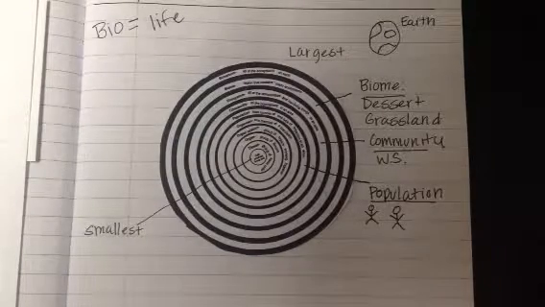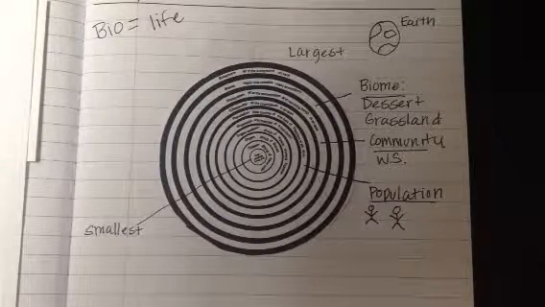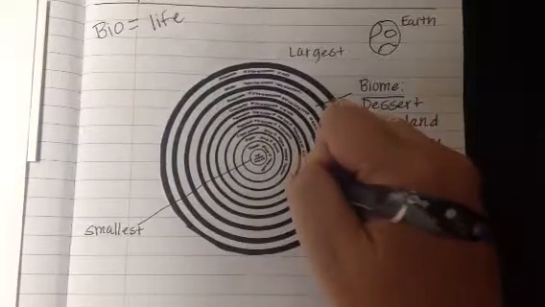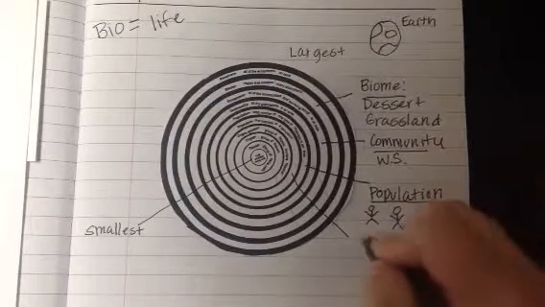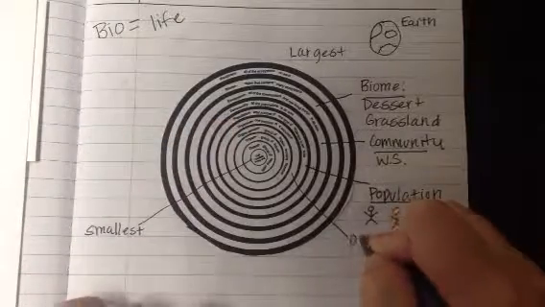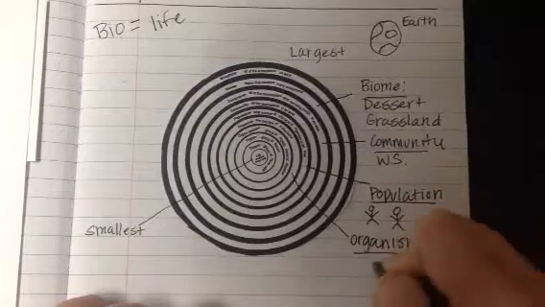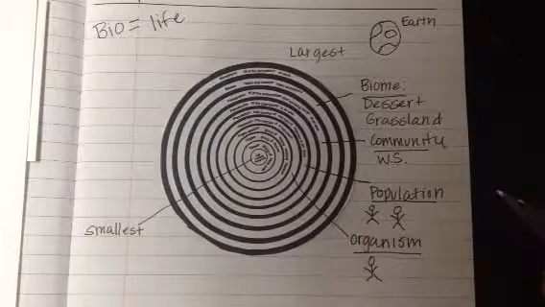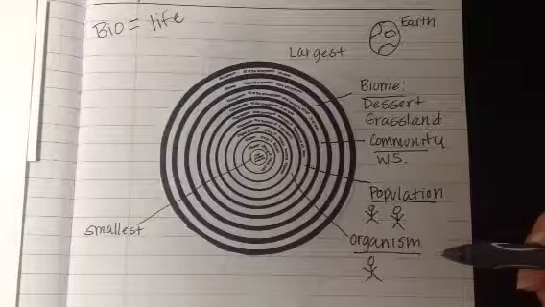From population, we have an organism. An organism is one member of a population. So that would just be one human. Okay? While the population is more than one, organism is just one.